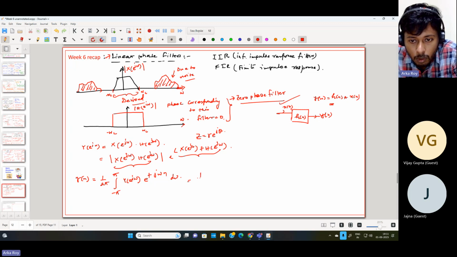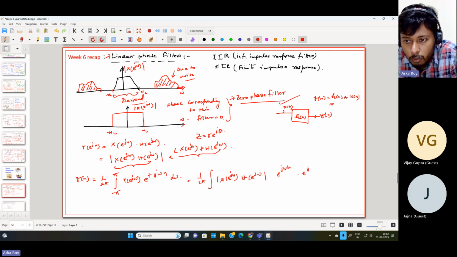So I can write this particular equation over here: it will be the magnitude of X(e^j omega) H(e^j omega), and then e to the power, let us consider this particular thing is e to the power j omega k, multiplied with e^j omega n d omega.